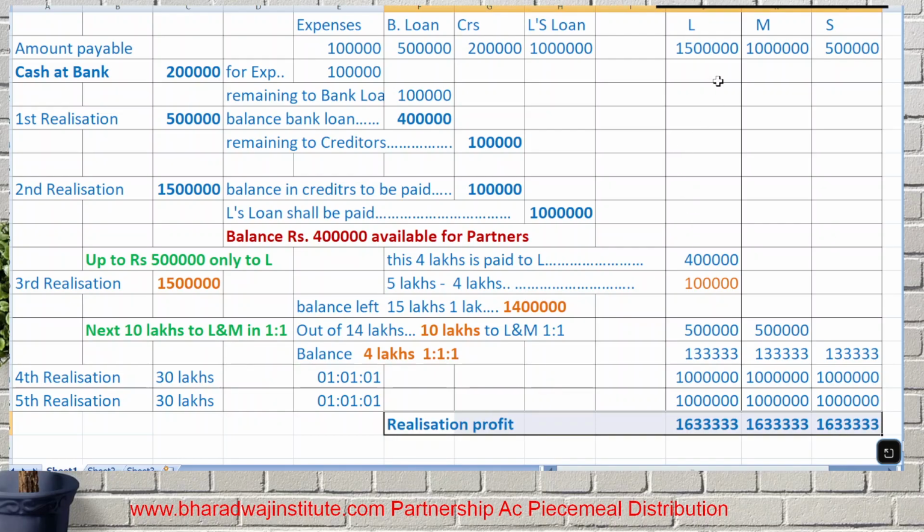How is it a realization profit? Capital balance is this much, but amount paid is this much. Amount paid is more than the capital balance. The difference is called realization profit. In which ratio will it be shared? Profit sharing ratio, 1:1:1.